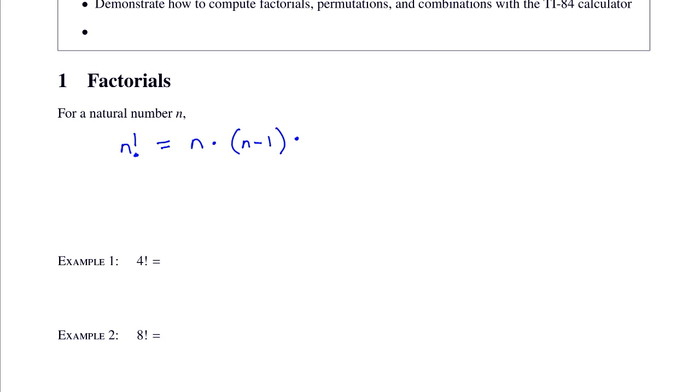Then you take that integer and multiply it by the one less than that, so n minus 2, and then n minus 3, and you keep going until you get down to 1. So times 2 times 1 there at the end. So you multiply all of the integers from n down until you get to 1. And that is called the factorial of the number.